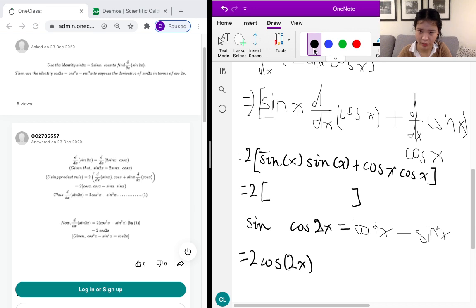We just switch the order of the two expressions: cos squared x minus sine squared x.